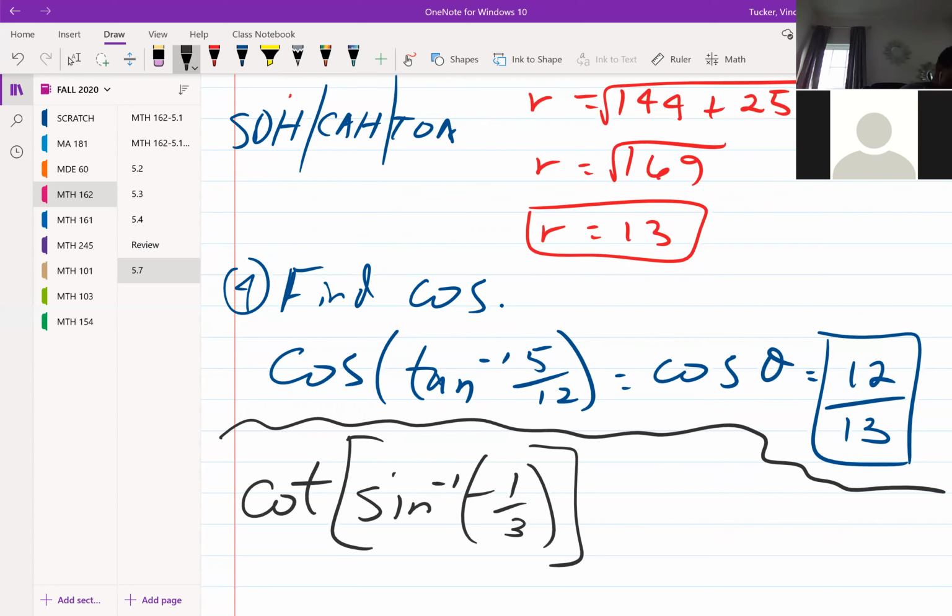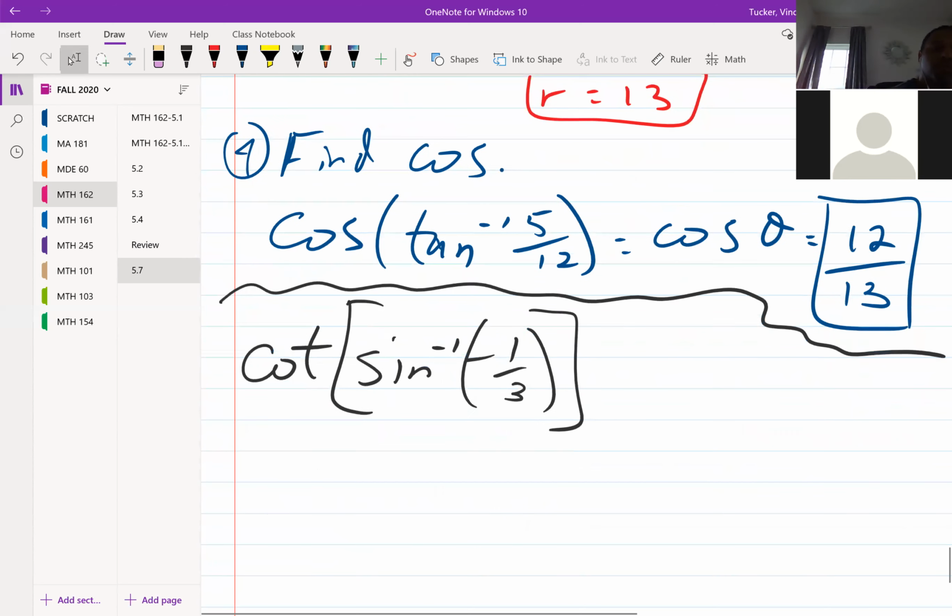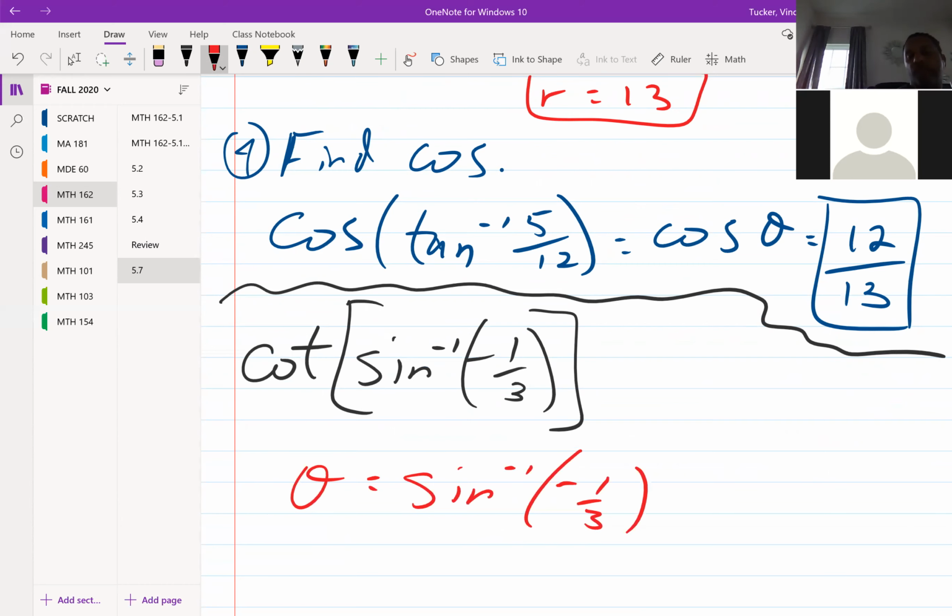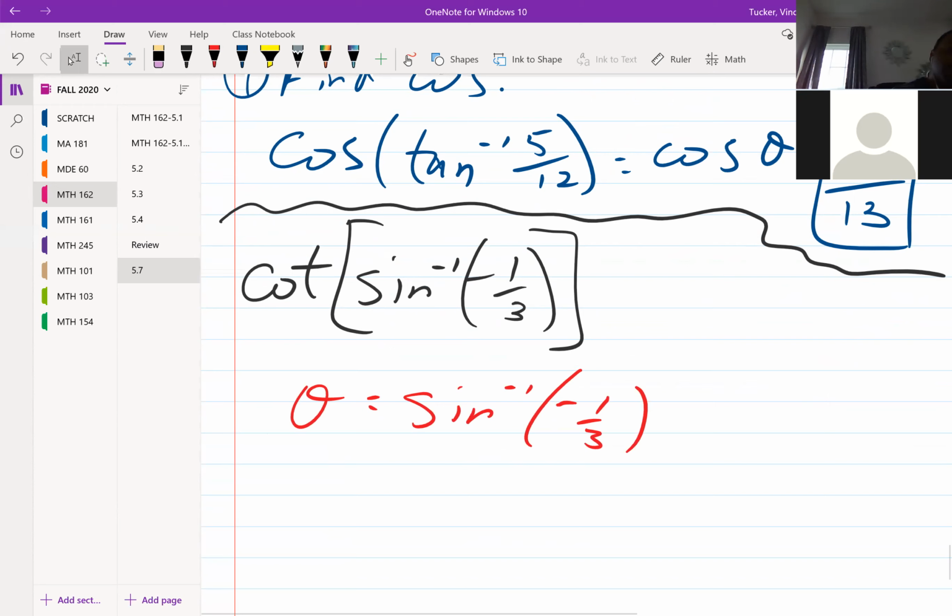All right, so this one we have cotangent of sine inverse of negative 1/3. So we're gonna let theta be equal to sine inverse of negative 1/3. That means sine of theta is equal to negative 1/3.